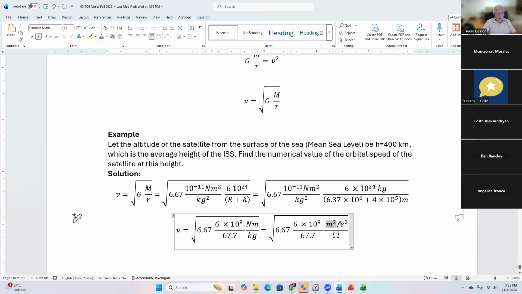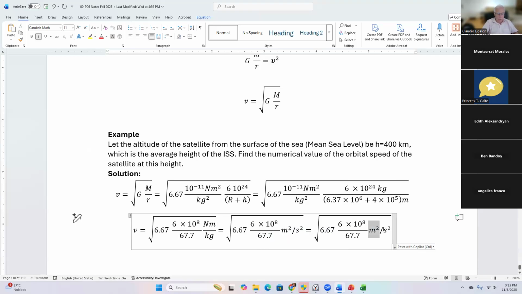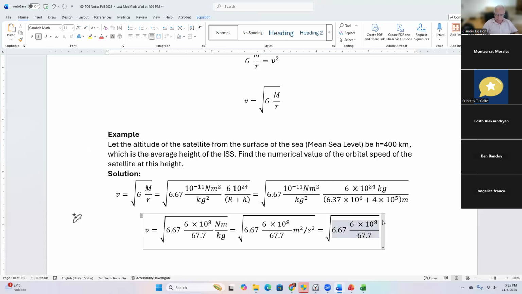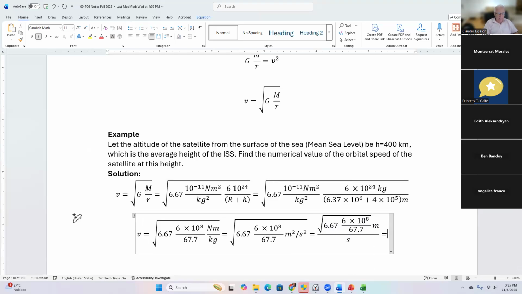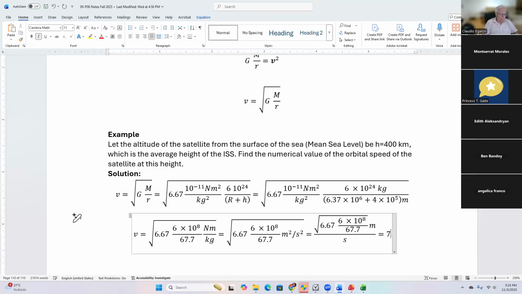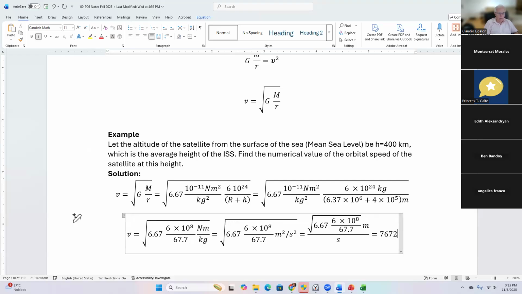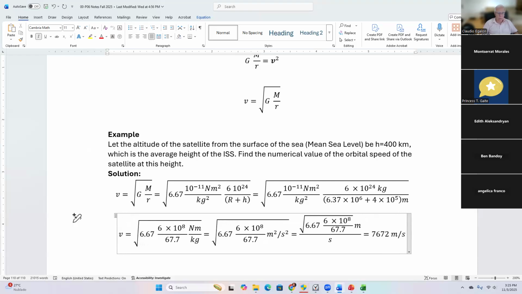And what is inside the square root is meter square per second square. From the viewpoint of dimensions, it seems we did everything right. If you do the math, you get 7,672 meters per second.